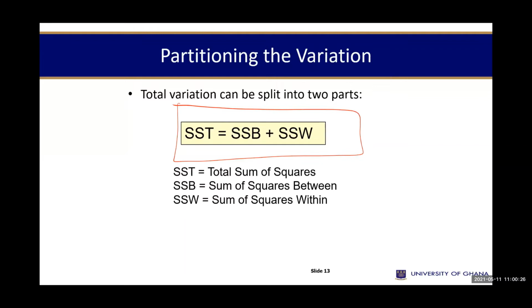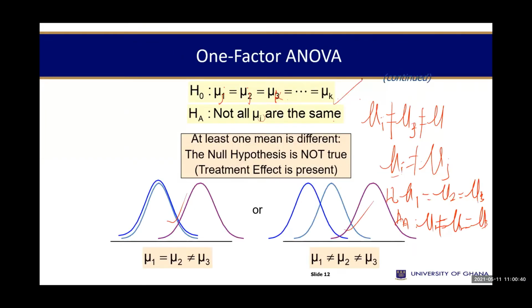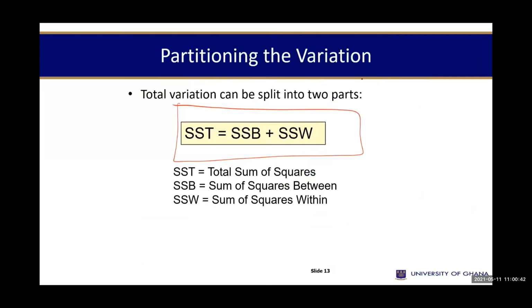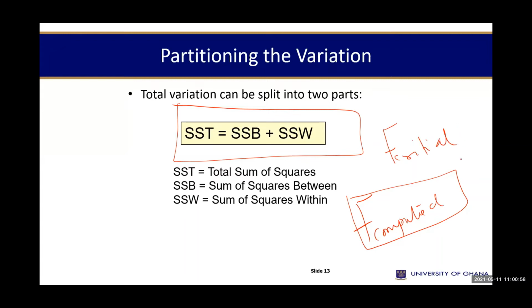So after we have collected the data, now we have to go through the analytical procedure. Quantitatively, we need to find out at what point we are going to reject the null hypothesis. All we want here is to find what we call the F ratio, which we have named F computed, and also determine from our table the F critical value.